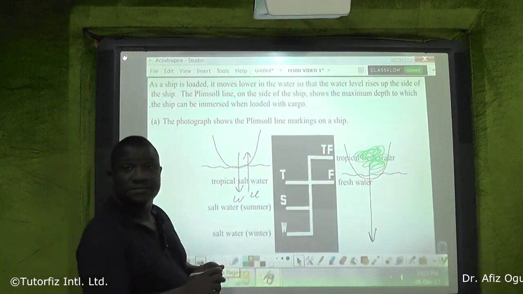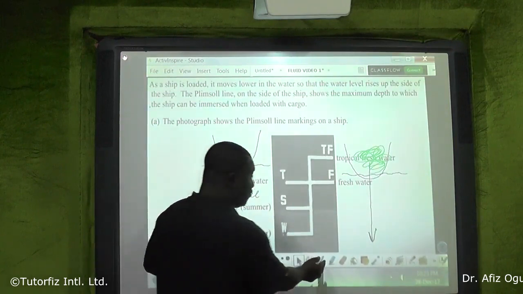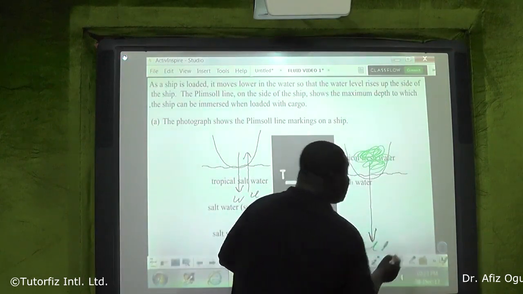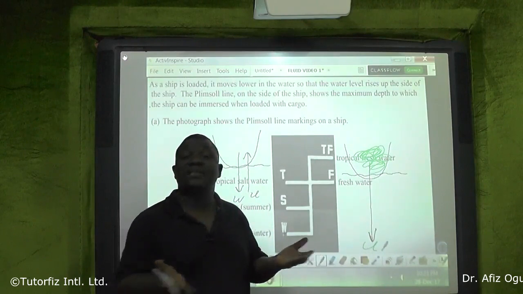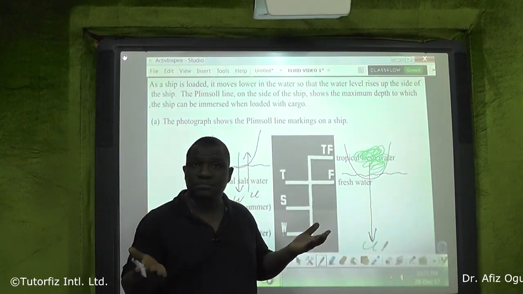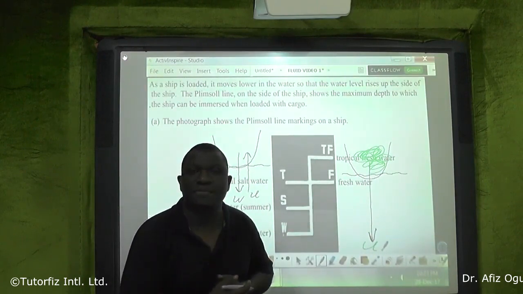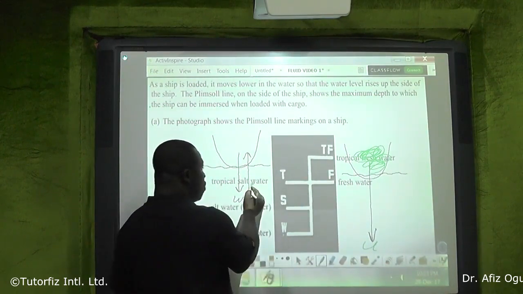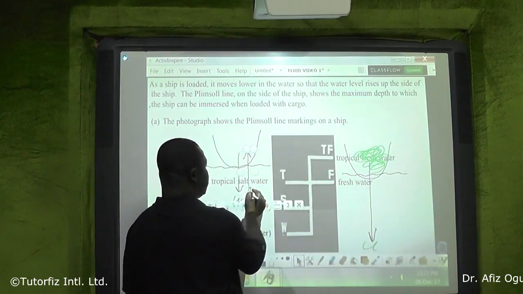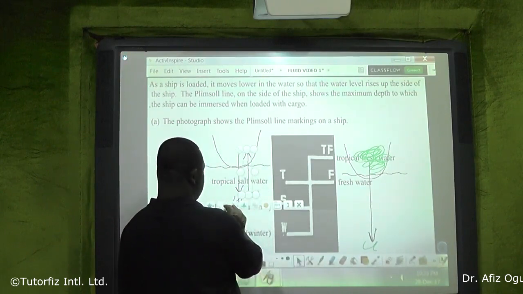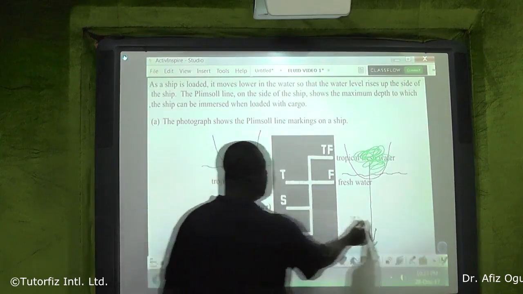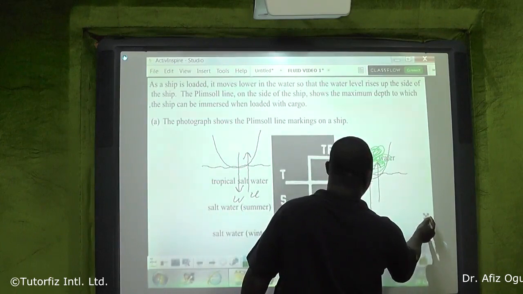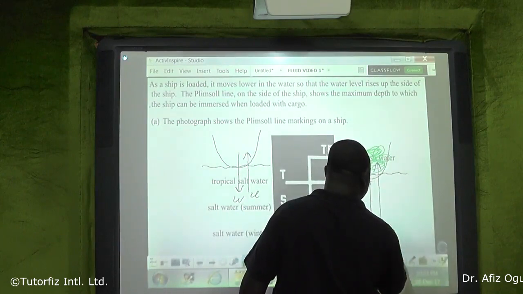We know that the weight has increased now, and for it to float at any level, weight must be equal to the upthrust. What then happens to upthrust? Upthrust must also increase and be equal to the weight.